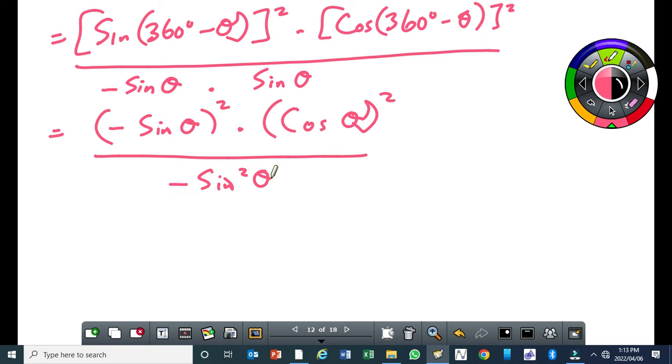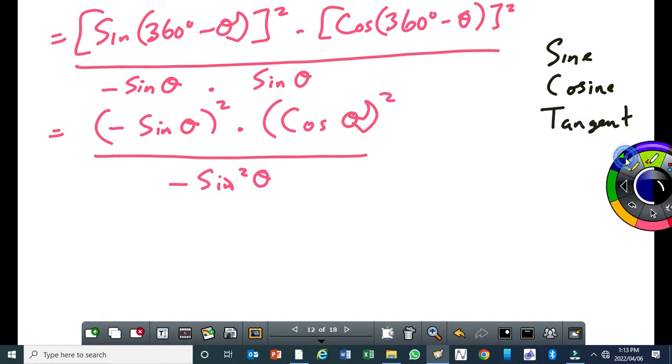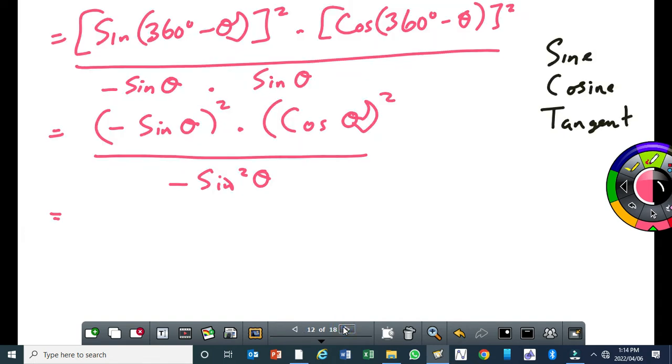If you didn't know, the full names of your three trigonometric ratios are sine, cosine, and tangent. These are the full names. Okay? So SIN is just a shortcut. Okay? So here it will be minus sine squared theta. Okay? I hope you saw how I moved from here, then there. Now I got here.